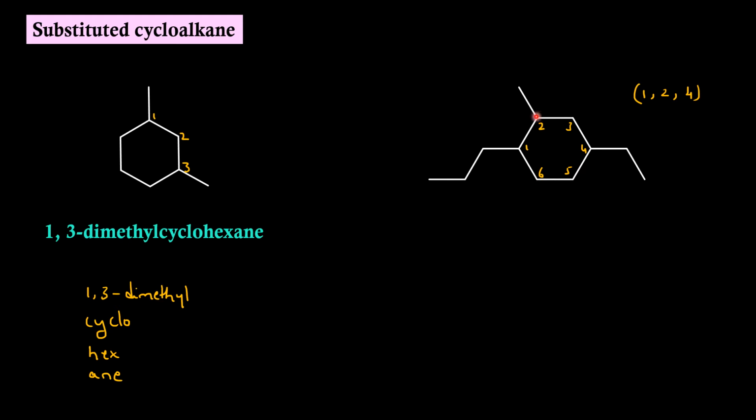If I start to number from this substituent, then 1, 2, 3, 4, 5, 6, I will have my substituents at positions 1, 2 and 5. If I try to number from this substituent, I will number it in a different color. This will be 1, 2, 3, 4, 5, 6. I will have my substituents at positions 1, 3 and 4.